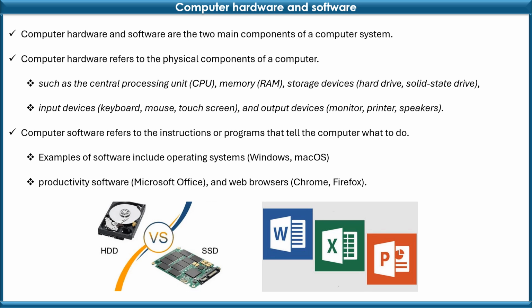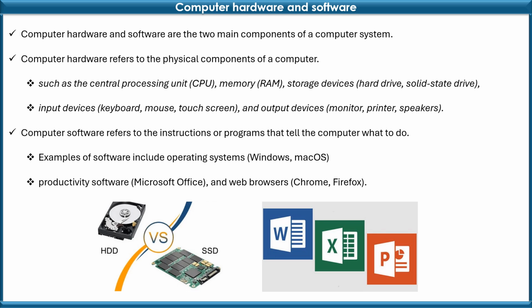So input, as I repeat, we have the keyboard, the mouse, touch screen, and then the output we have the monitors, which is the computer screen, the printers, and the speakers, just as we referenced in the previous slides. Computer software, on the other hand, refers to the instructions or programs that tell the computer what to do.